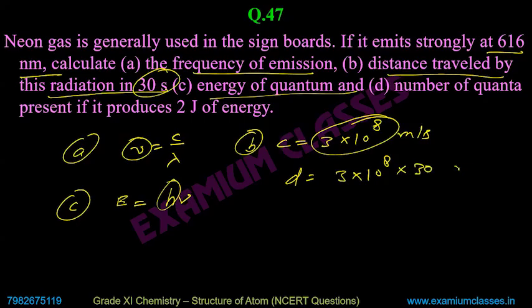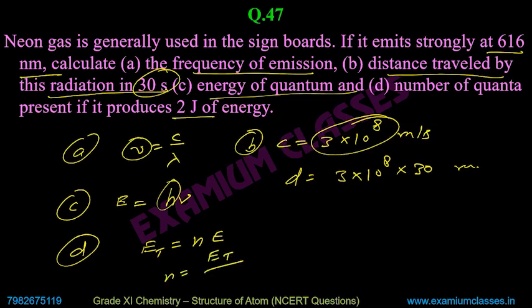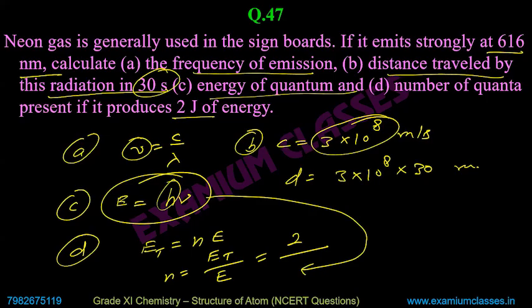Now D part: number of quanta present in 2 joules. E total is equal to N E, meaning number of quanta is equal to total energy divided by energy of one photon. Total energy is 2 joules and energy of one photon you have obtained from here. Substitute. That's the answer.